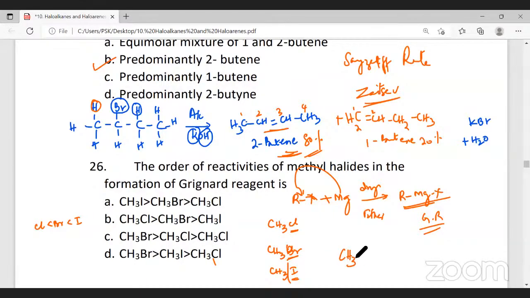So the reactivity will be CH3I greater than CH3Br, greater than CH3Cl. As you go down the halogen family, the bond length increases because the size of the halogen increases. Therefore, the reactivity also increases. Hence, the answer for this question will be option A.